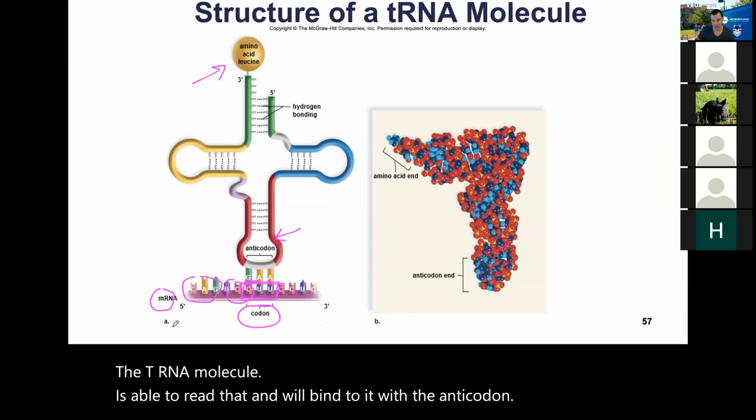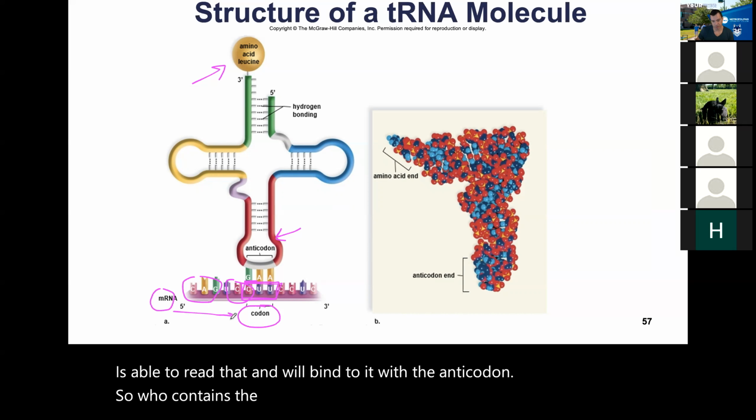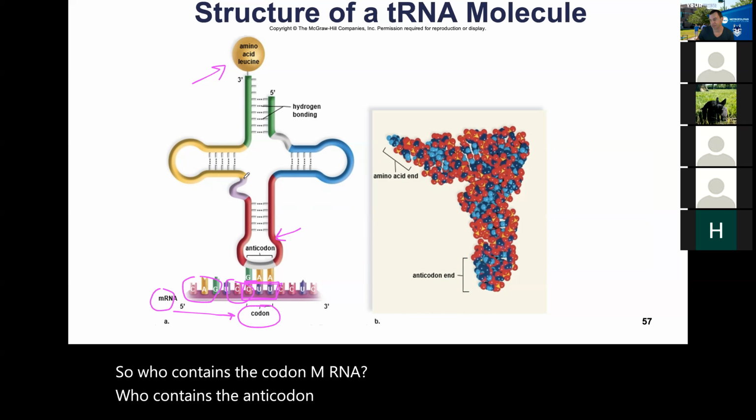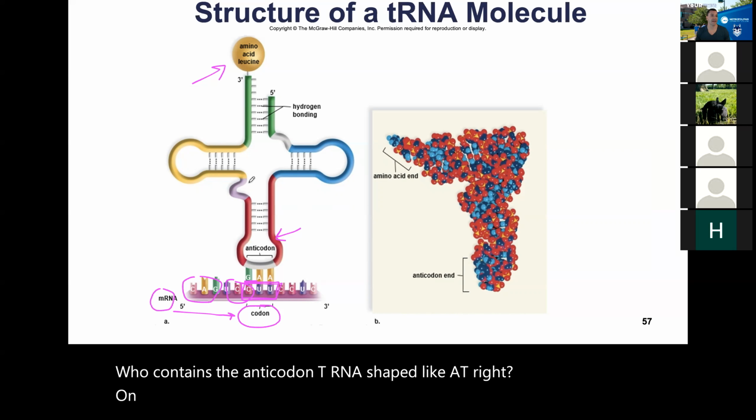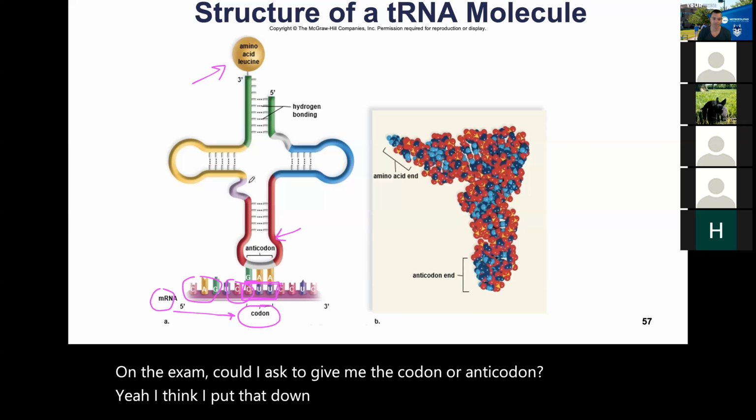So who contains the codon? mRNA. Who contains the anticodon? tRNA. Okay, it's shaped like a T, right? On the exam, could I ask to give me the codon or anticodon? Yeah, I think I put that down as a potential question on the exam. So what does that mean?